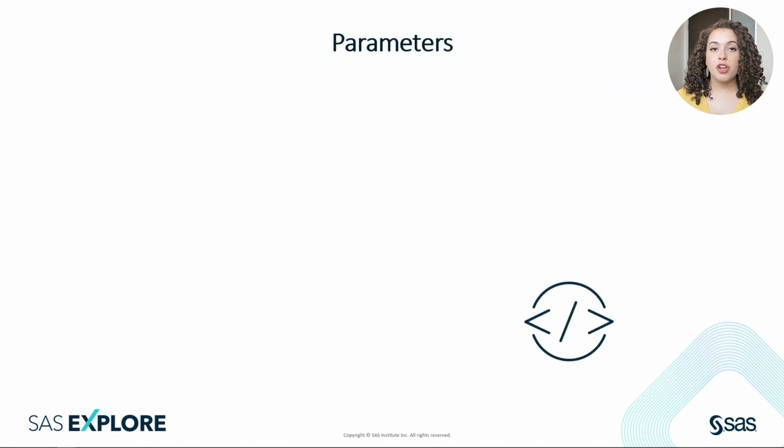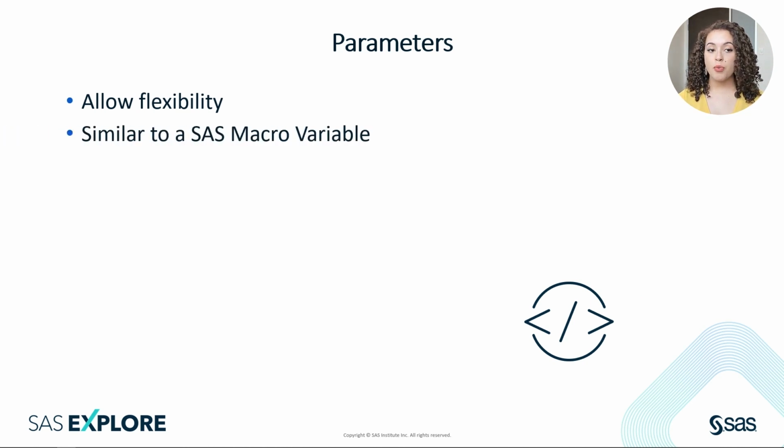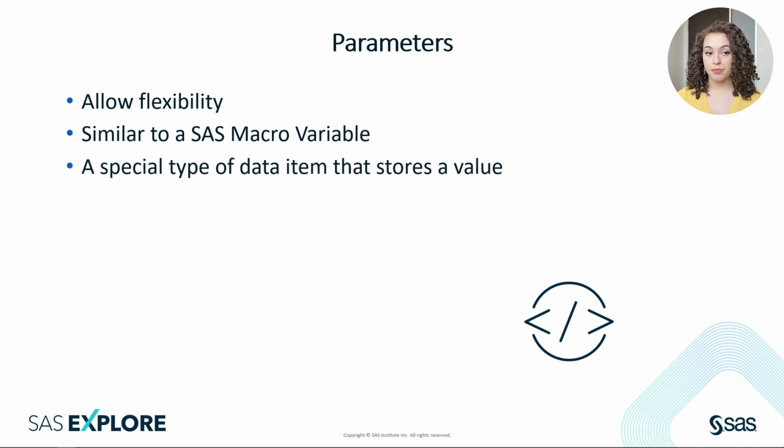So parameters are great because they allow us to give the users some power. They allow flexibility in our report. If you are a SAS programmer, hey, shout out to you. You probably have worked with SAS macro variables before. Parameters are pretty similar to macro variables in that they store a value for you that can be used in different places.